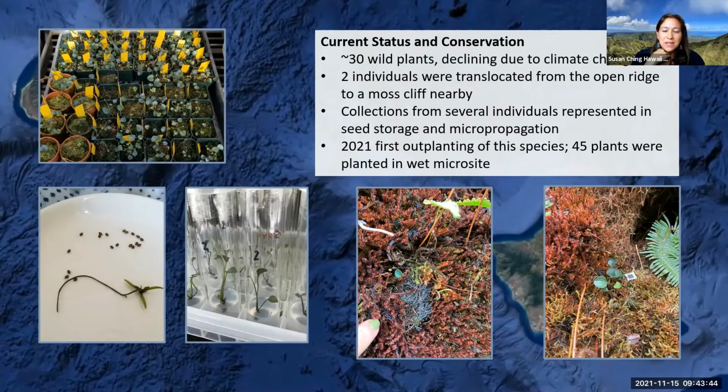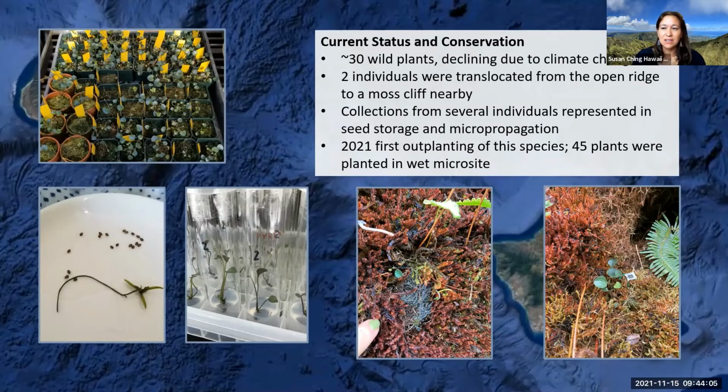The population ever since I'd visited had been declining and had been described to me as being much, much larger by Steve and Joel. When I counted, it was in the 80s, and now we're currently seeing 30 or less individuals. We have made collections from about 1/3 of those.